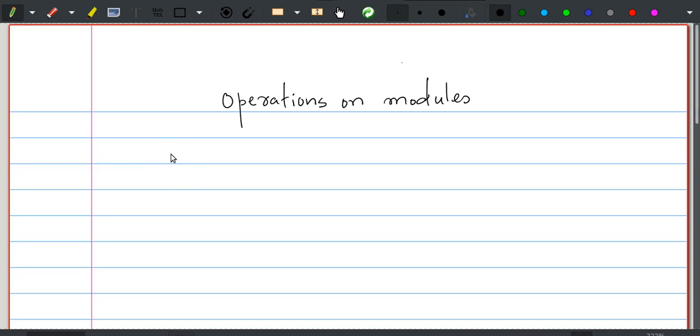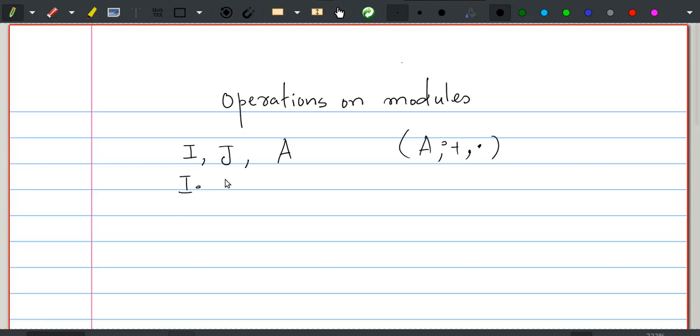In this lecture, we are going to study some operations on modules. So we have seen in rings, if we have a ring A and suppose I and J are two ideals in ring A, since we had two operations on A, i.e. the addition and the multiplication, we can define the product IJ.